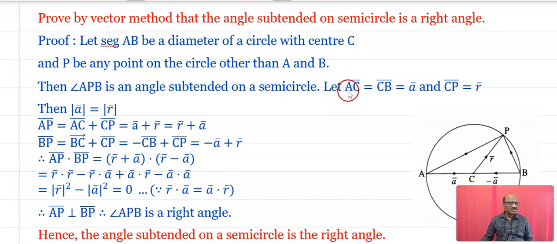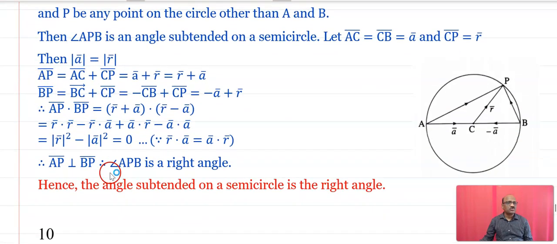Let AC bar is equal to CB bar, and that's equal to A bar. And also CP bar is equal to R bar. Okay. Next, mod of A bar is equal to mod of R bar.